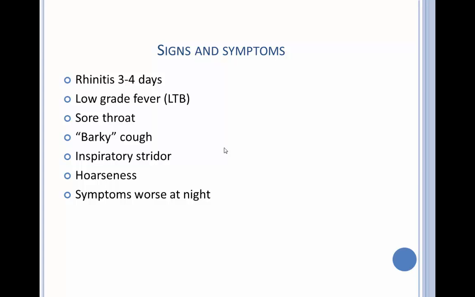Fever is present in about half, like 50%. The child's condition may seem to have improved in the morning, but again worsens at night. Recurrent episodes are often called spasmodic croup. Allergy or airway reactivity may play a role in this, but clinical manifestations cannot be differentiated from viral croup.